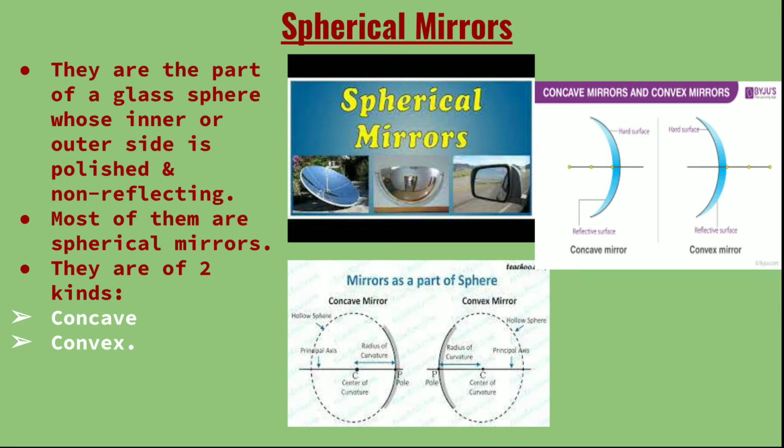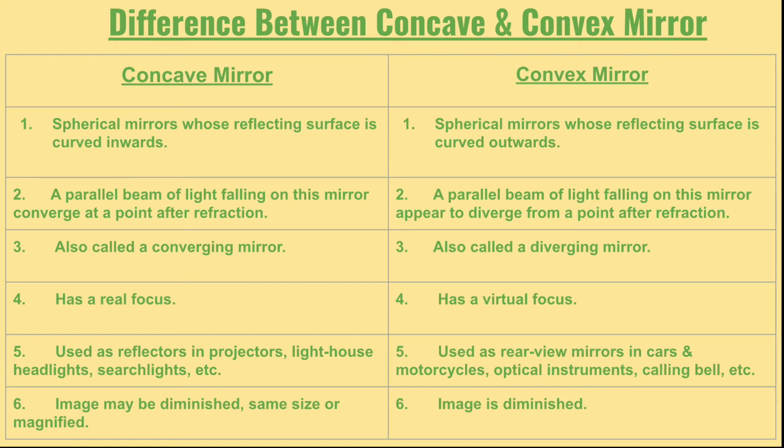Now the difference between concave and convex mirrors: concave mirrors are spherical mirrors whose reflecting surface is curved inwards. Convex mirrors are spherical mirrors whose reflecting surface is curved outwards.